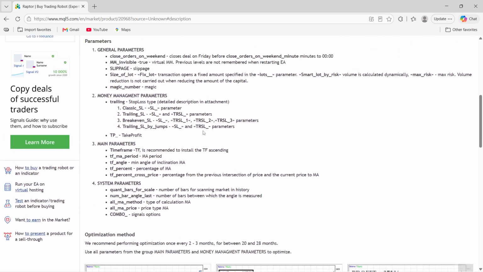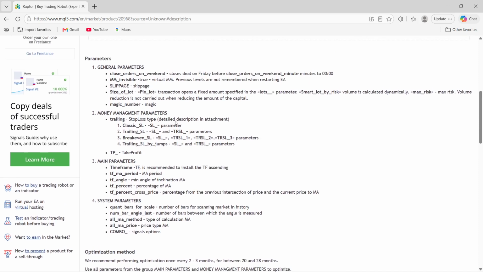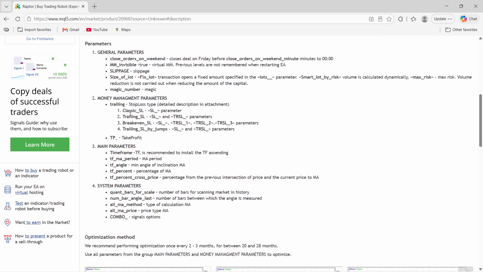So we also have some parameters here. We have the general parameters: close orders on weekend, slippage, size of lots, magic number. We also have the money management parameters: trailing, stop loss type, the classic SL, trailing SL, break even SL, and the trailing SL by jumps.